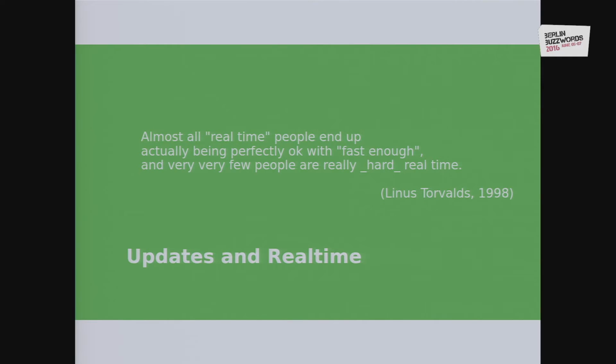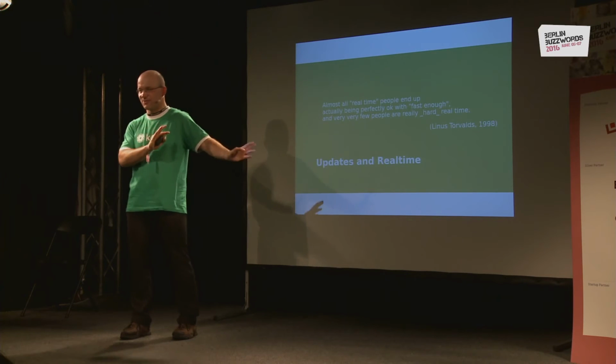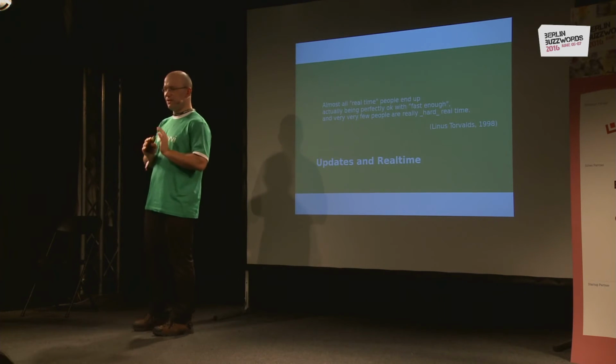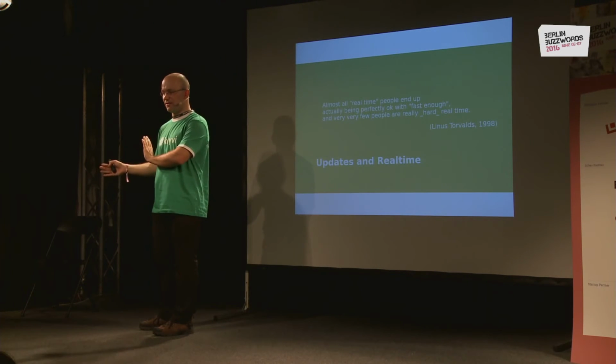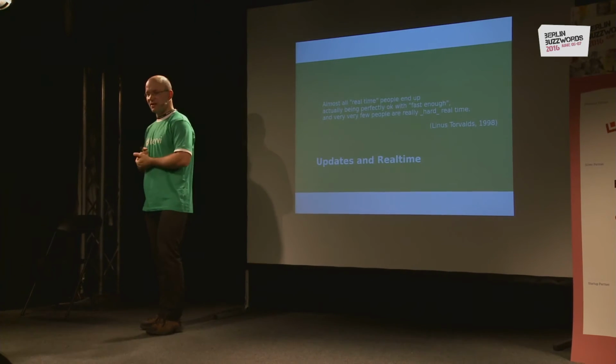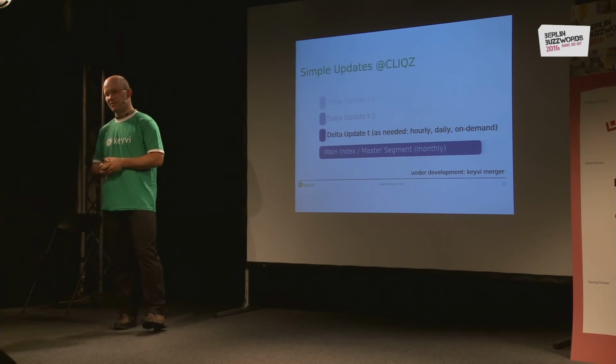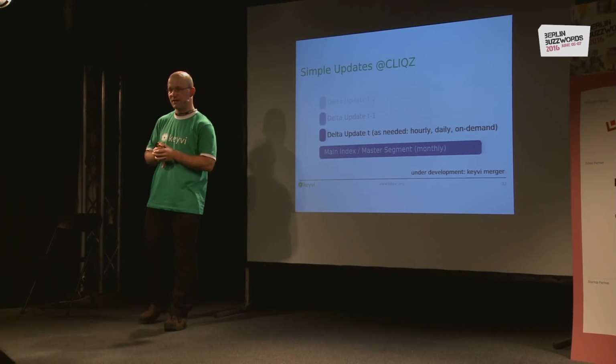I think most people just need it fast enough, right? And the same for the updates. Okay, if you constantly write to it, Keyvi is not for you. Use Redis, use something else. If you have mostly reads and a little bit of writes, consider it. In the end, it's the same kind of limitation that you have in Lucene.